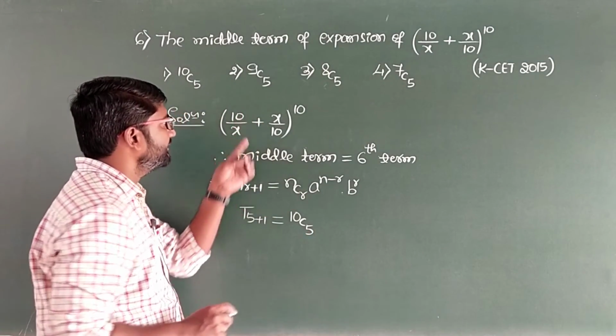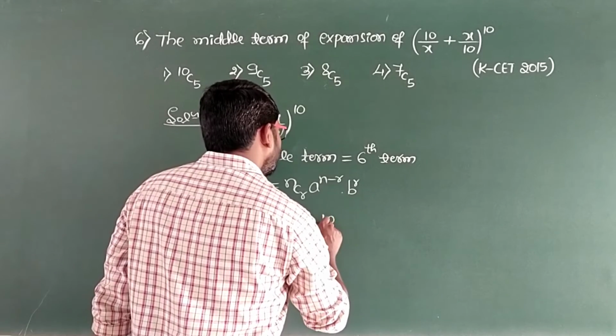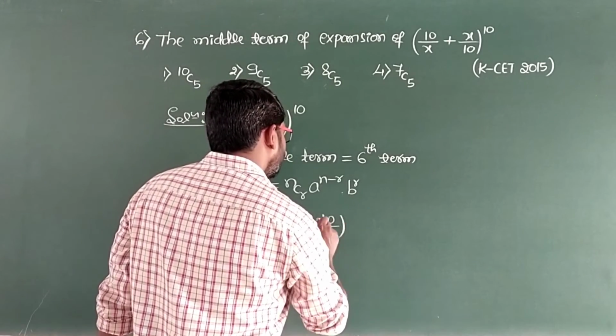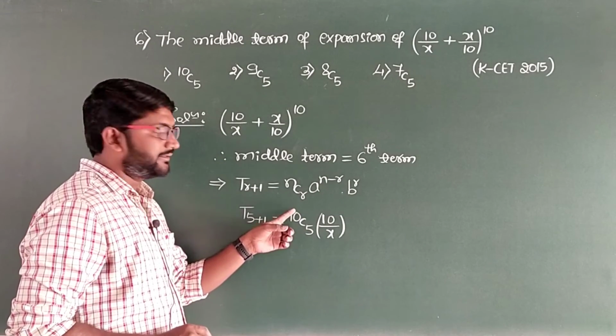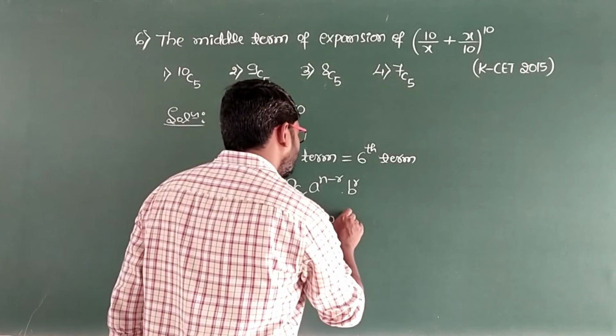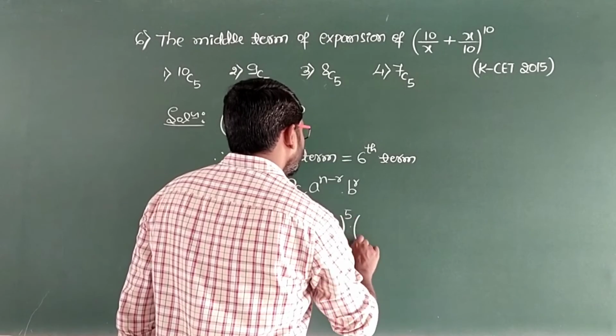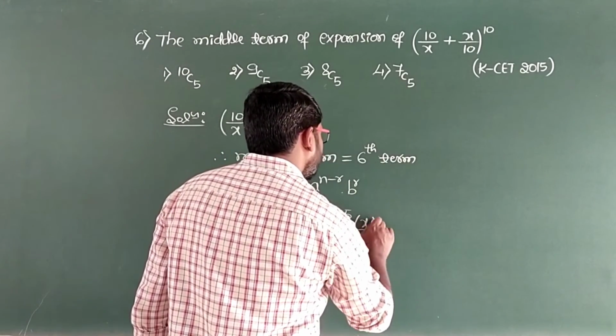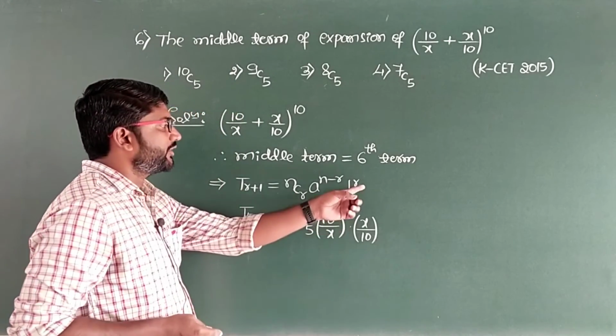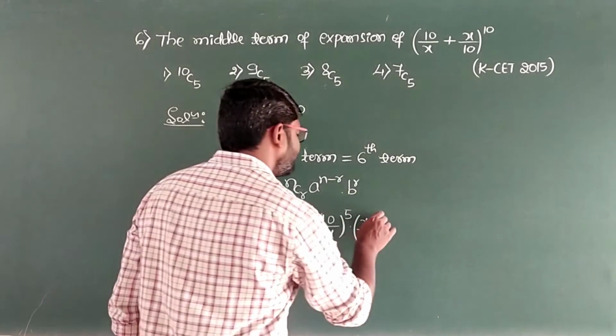A value: what is the value of a? It is 10 by x, 10 by x to the power n minus r. What is n? It is 10. 10 minus 5 will be 5. Into b raised to r, b value will be x by 10, x by 10 to the power small r, small r value will be 5.